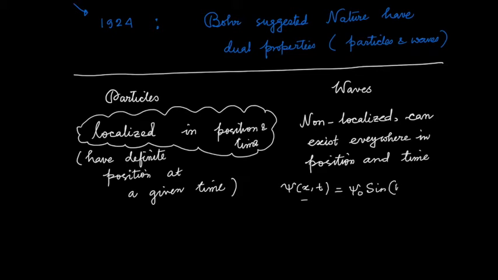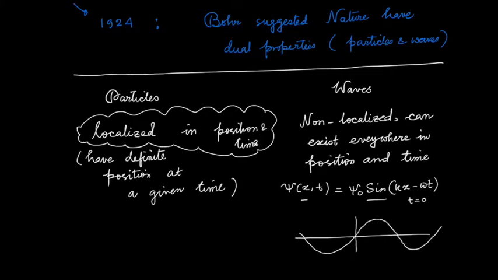So we write some amplitude phi 0 sine of kx minus omega t. Now if I plot this sine curve at a given time, say t equals t0, it will look something like this as a function of x. But it looks like this for all values of x.